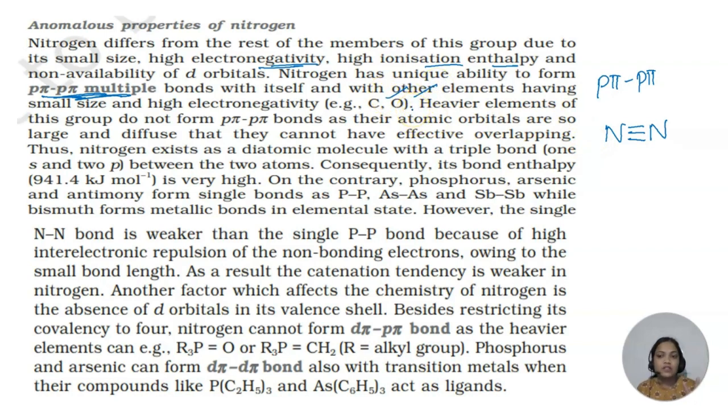Heavier elements of this group do not form these p-pi multiple bonds. Why? Because their atomic orbitals are large and diffuse, so they cannot have effective overlapping of p orbitals, so a pi bond will not be formed. So we know nitrogen exists as a diatomic molecule with a triple bond, and bond enthalpy is very high, 941 kilojoule per mole. That is why it's a very stable gas.